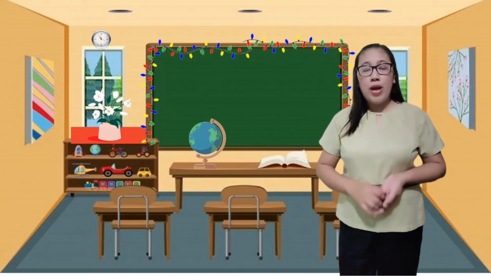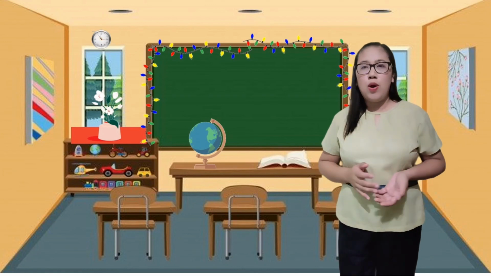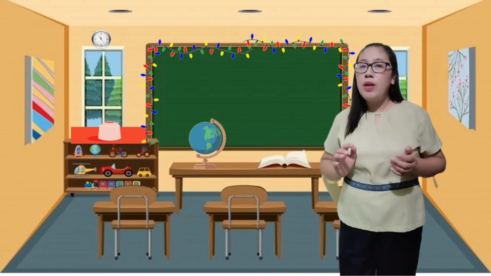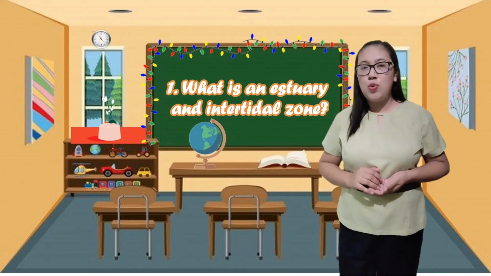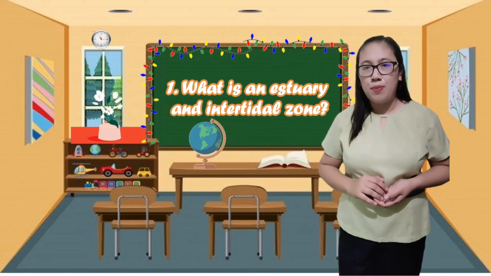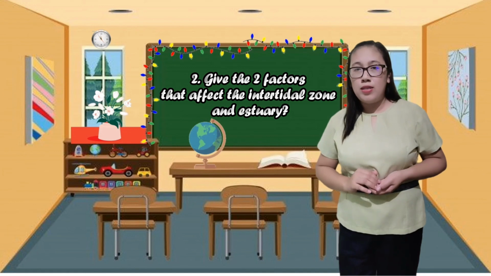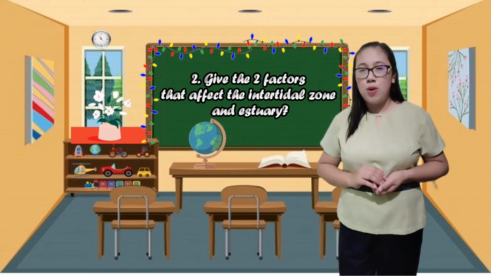Now that you already know our lesson about the interaction in the estuary and intertidal zone, I am now going to leave you with the following. Number 1, what is an estuary and intertidal zone? Number 2, give the two factors that affect the intertidal zone and estuary.